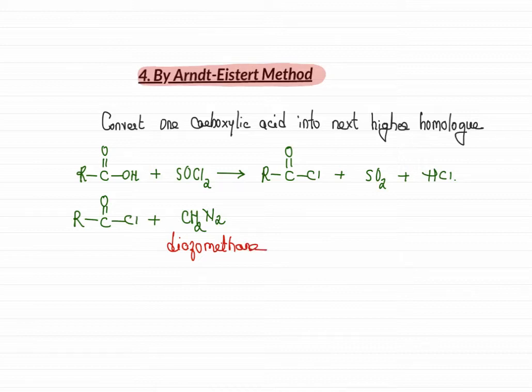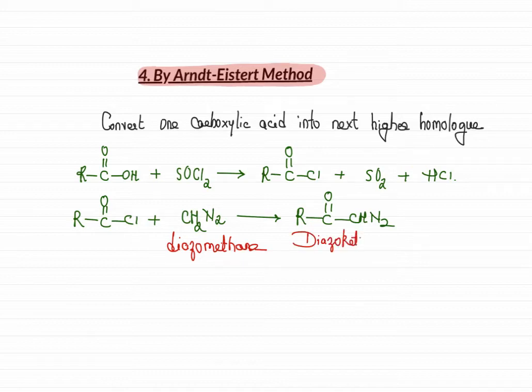Now this diazomethane has this, let us look at the Lewis structure to know what exactly happens here. First of all, I'll give you the product, what goes here. This would convert itself into RCOCHN2. This is basically a diazo ketone, as they call it.